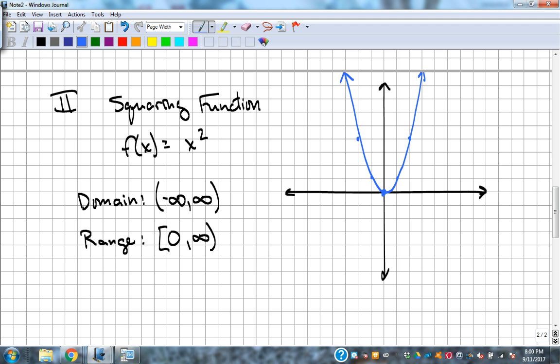So not a sharp V, it's a soft U at the bottom. For the squaring function, the domain continues to the left and continues to the right forever. So that's why it's negative infinity to positive infinity. The range starts at the origin and goes up to positive infinity. So that's why the range is from 0 to infinity there. All right, the squaring function.